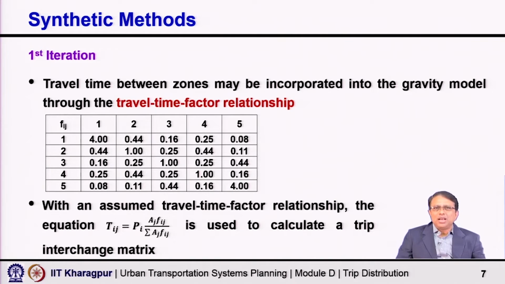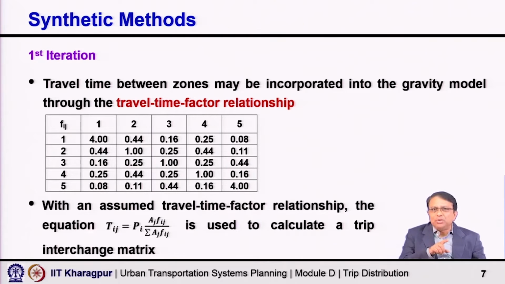We know the travel time, and from that we have also calculated or formulated these friction factor tables. So, F11 is 4, F12 is 0.44, F13 is 0.16, F14 is 0.025 and F15 is 0.08.